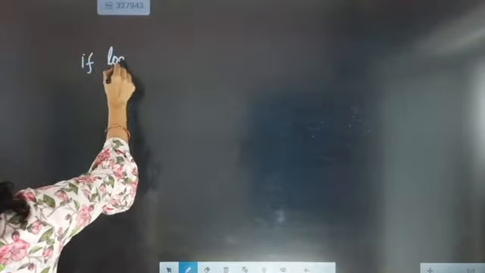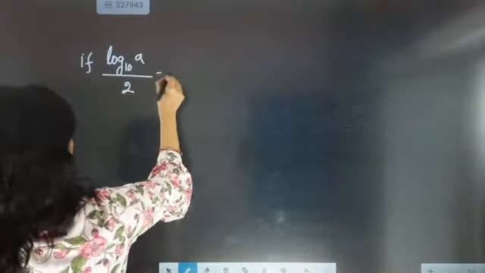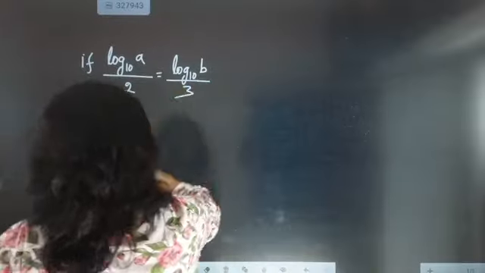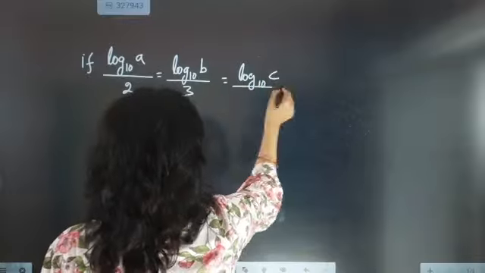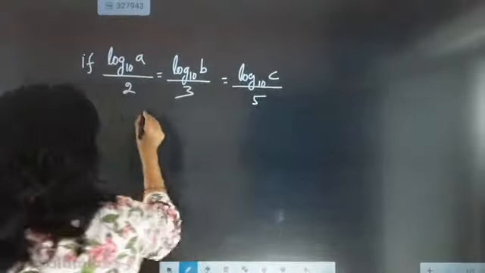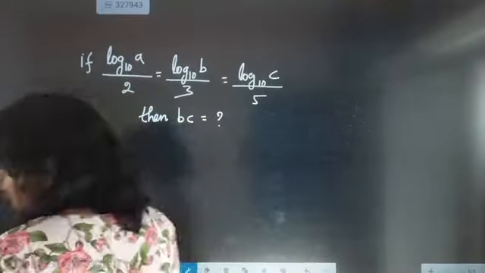If log base 10 of a by 2 is equal to log base 10 of b by 3 equal to log base 10 of c by 5, then bc will be equal to what?